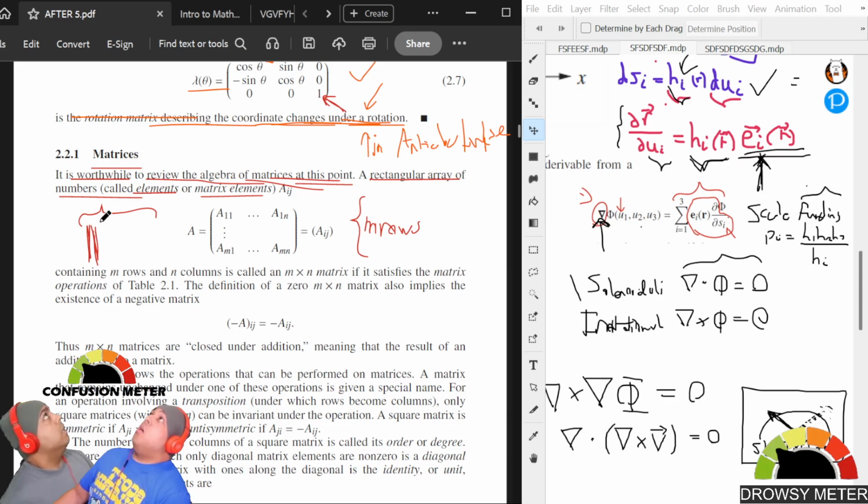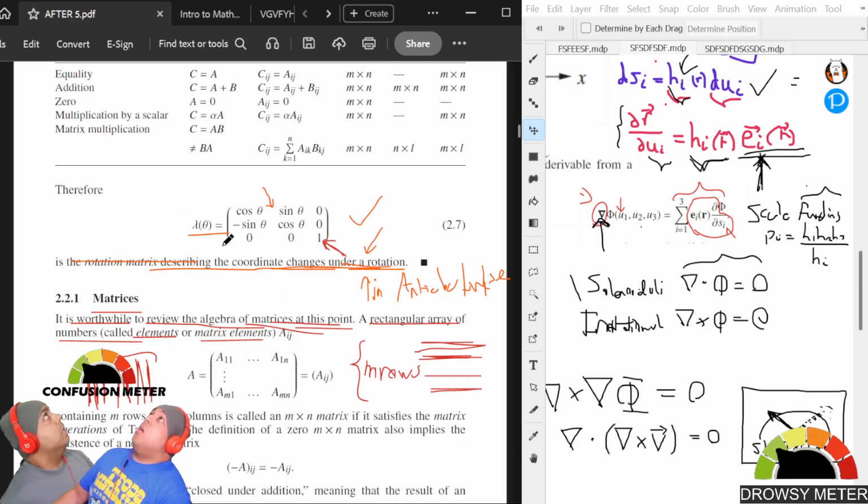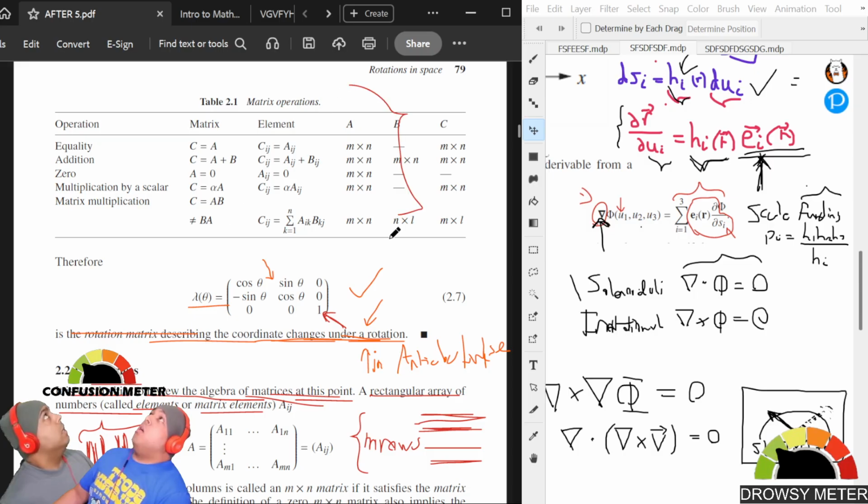Let me draw the lines because this isn't clear enough. Rows, columns, is called an m times n matrix if it satisfies the matrix operations over here.